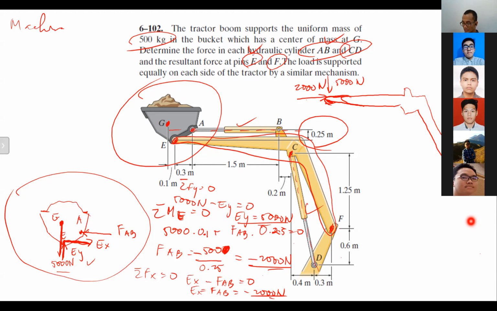Then at point B, is there any force there? Yes, from FAB, and FAB is supposed to be tension, right? Yes, because it's minus. Just now you assumed it as compression, and it's minus, so it's supposed to be tension, 2000 newtons. Since it's tension, it's going to the left.